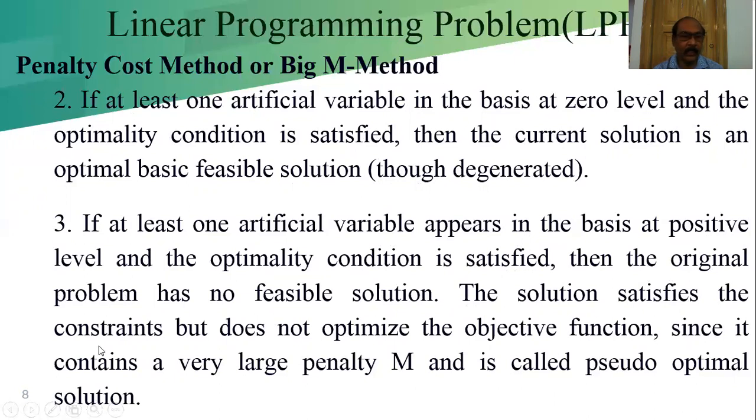The solution satisfies the constraints but does not optimize the objective function, since it contains a very large penalty M, and is called the pseudo-optimal solution. When the artificial variable is at the zero level, it is known as degenerate. When it is at the positive level and M is also present in the objective function, it is known as the pseudo-optimal solution.